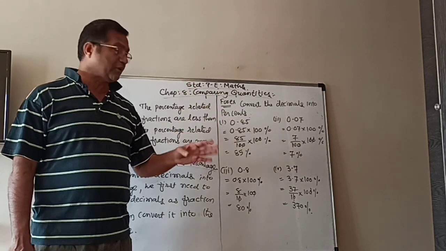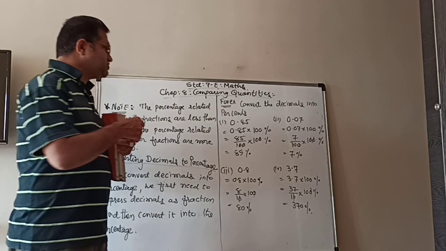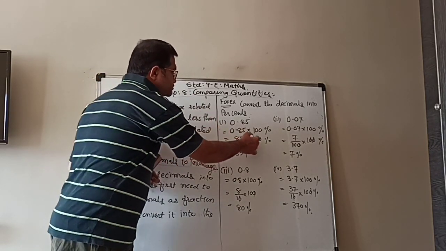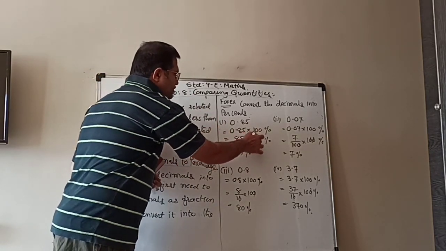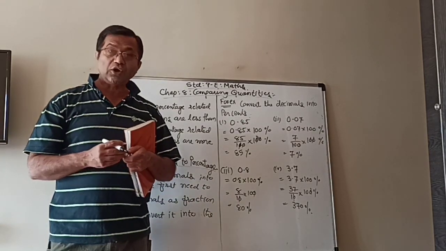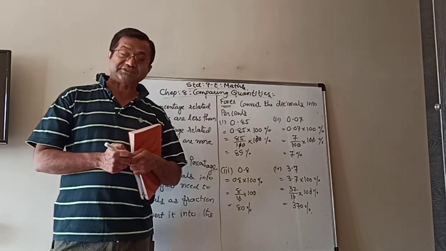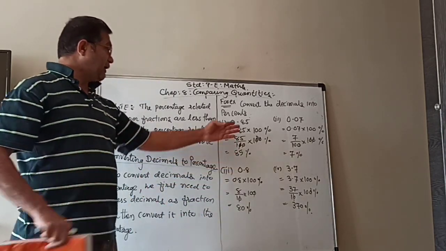So 85 upon 100 multiplied by 100. You can see that both the zeros get cancelled. So what you get is 85. That is 85%. So 0.85 is equal to 85%.